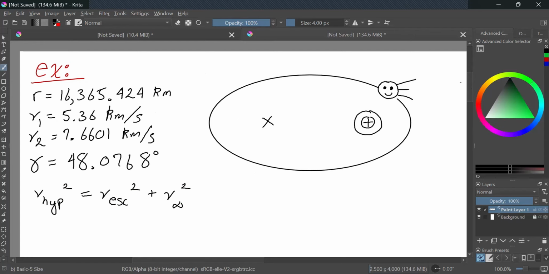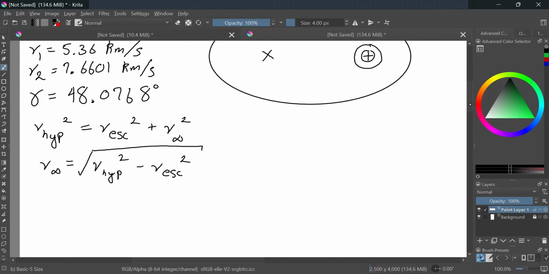So we know what this value is, and we can find this one pretty easily. So let's solve for it. We have V infinity is equal to the square root of V hyperbola squared minus V escape squared.